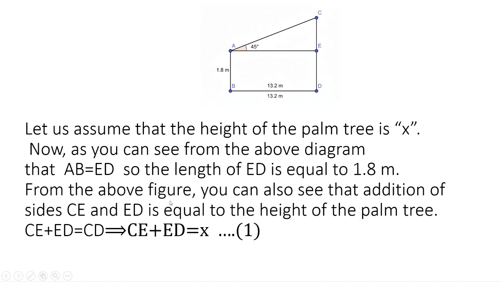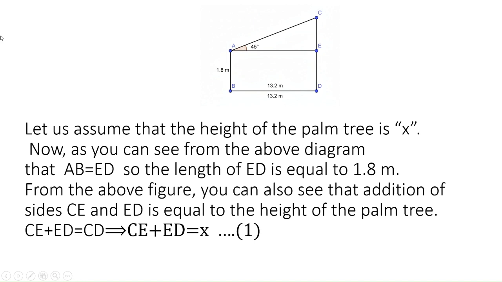From the above figure, we can also write that the addition of CE and ED is equal to the height of the palm tree. It's clear. CE plus ED is equal to CD, that is nothing but the height of the palm tree, which is equal to x. We have assumed it as x.